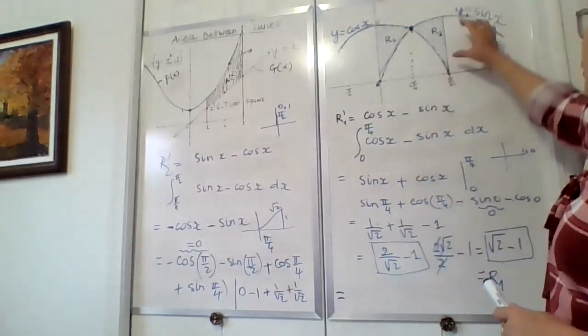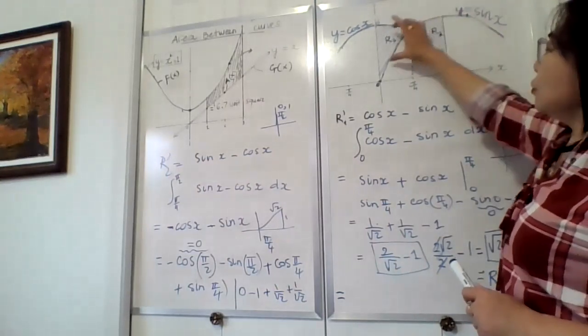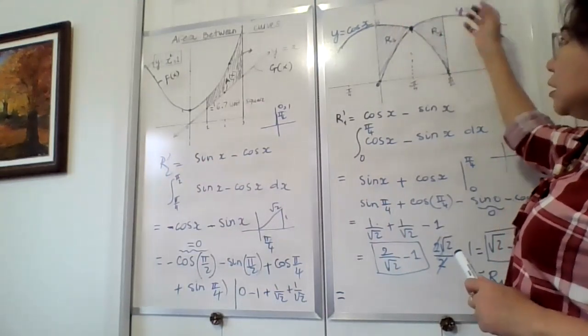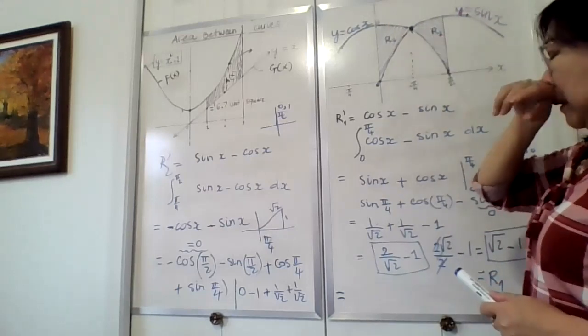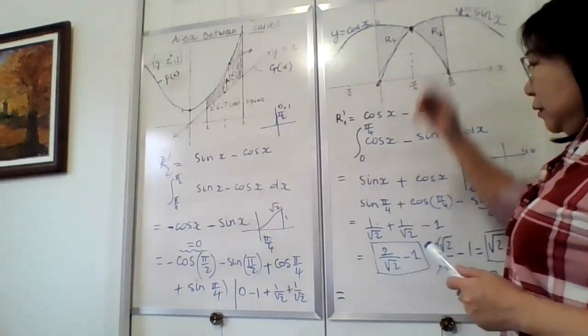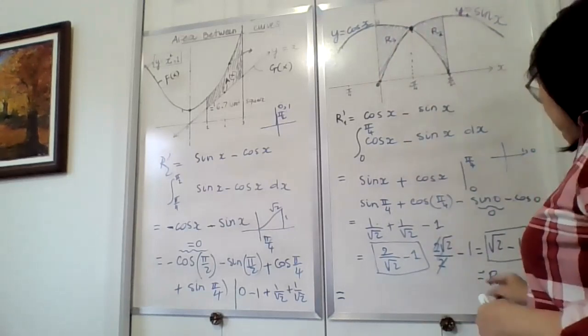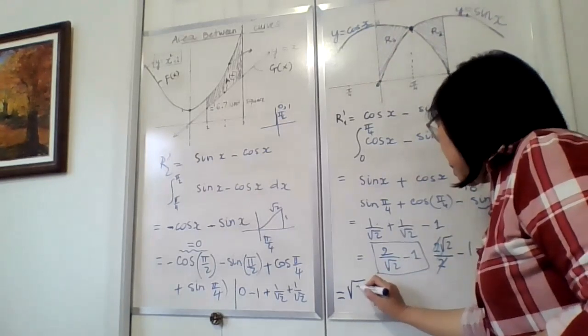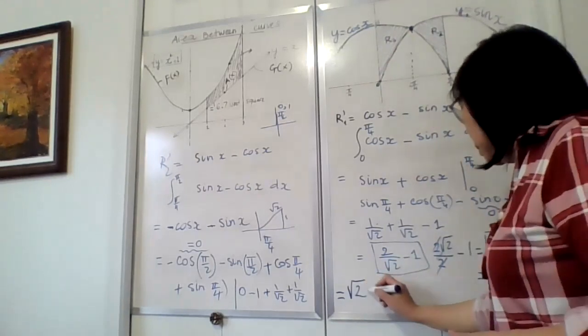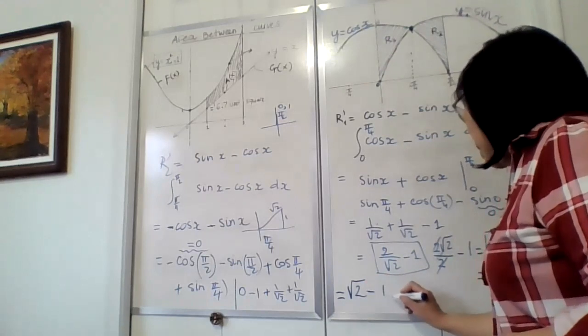And you can see from the reflection here that these two regions are actually the same size, just one on the left and one on the right, so they should have the same numerical value. So this will be the same as the other one, region 1: square root 2 minus 1.